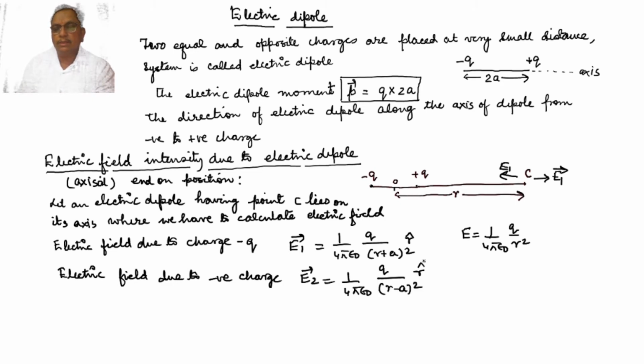You see here R plus A and R minus A, because we are measuring the distance from plus Q and minus Q. The pole length is 2A, and we are measuring R from the mid of the dipole. So one distance becomes R plus A, another becomes R minus A.